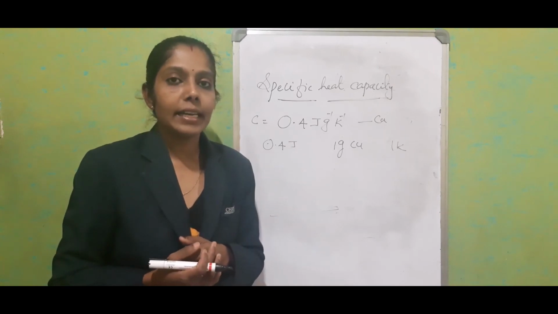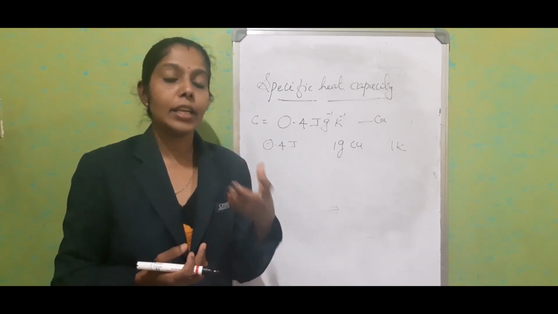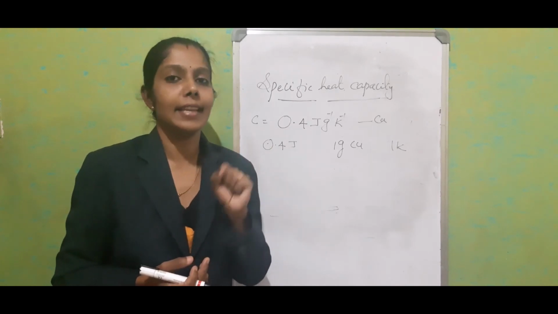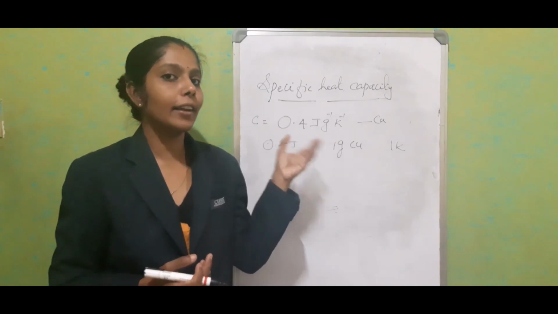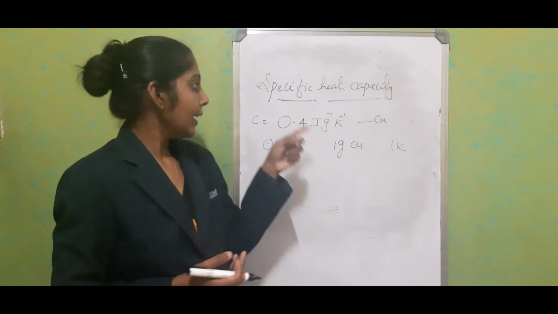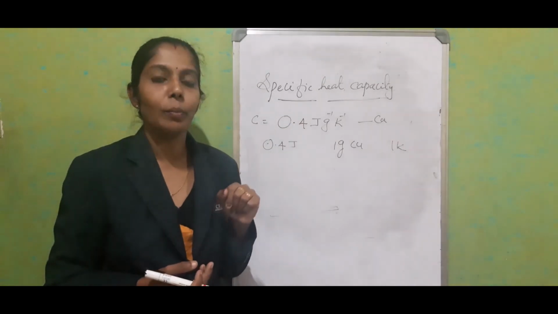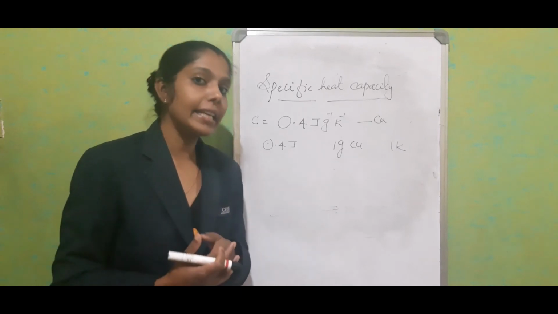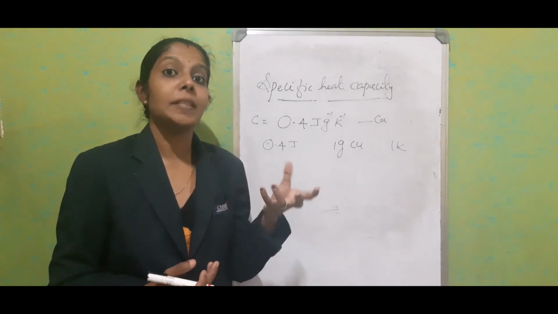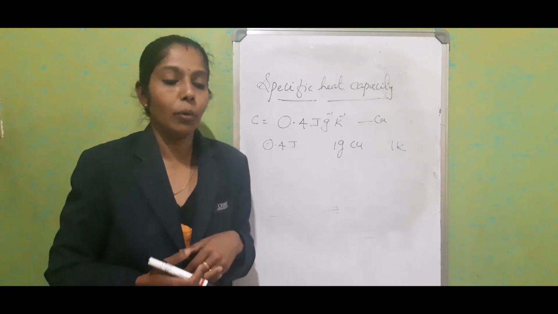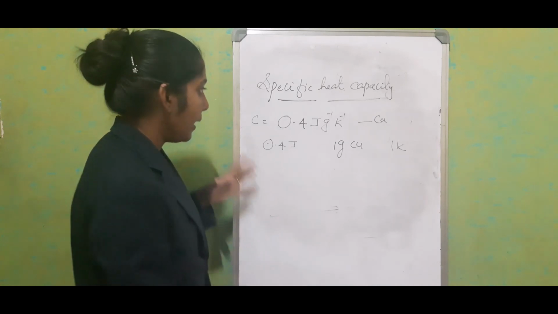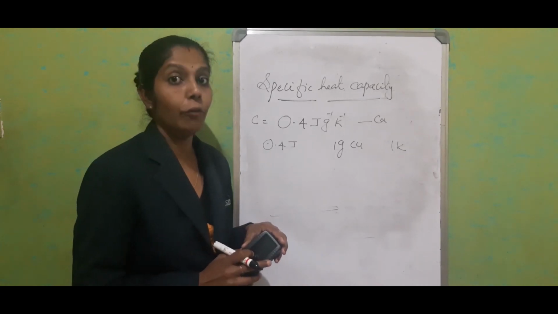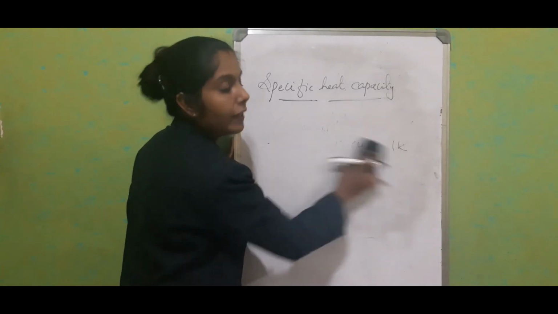So specific heat capacity is a characteristic property of the material. Simply, if the material is a good conductor of heat, the value of specific heat capacity is less. Copper is a good conductor of heat energy, that's why the value is very small, 0.4 joule per gram. And if it is a bad conductor of heat energy, the specific heat capacity will be more. In this chapter, we are more concerned about the specific heat capacity of water and its different phases.